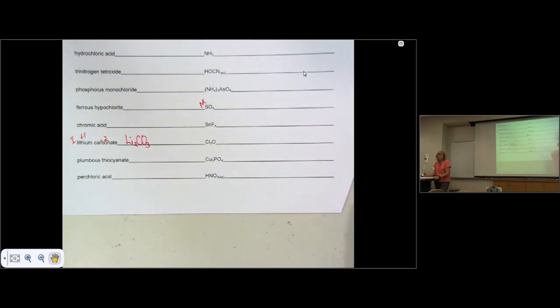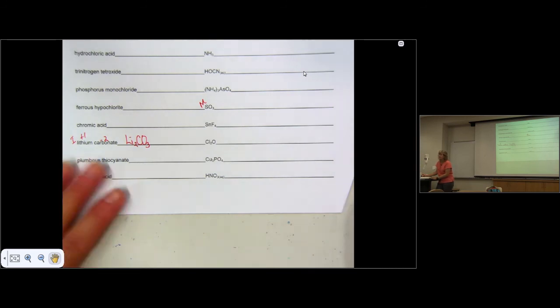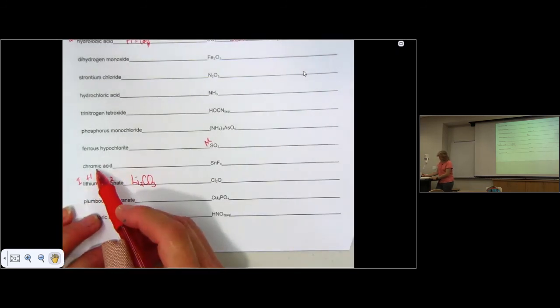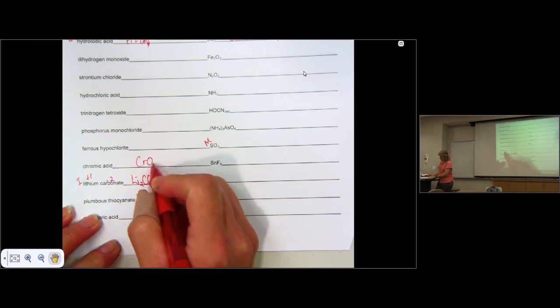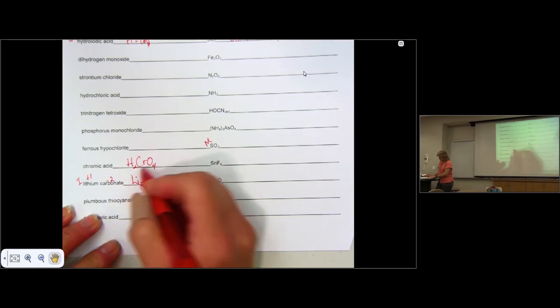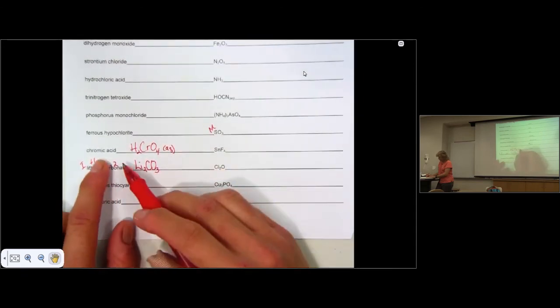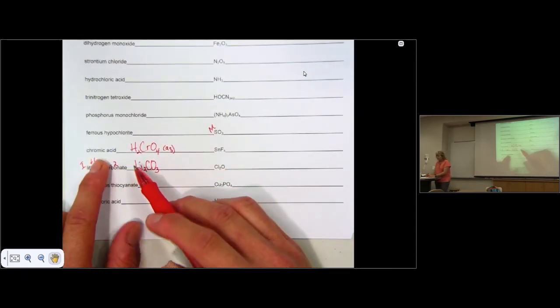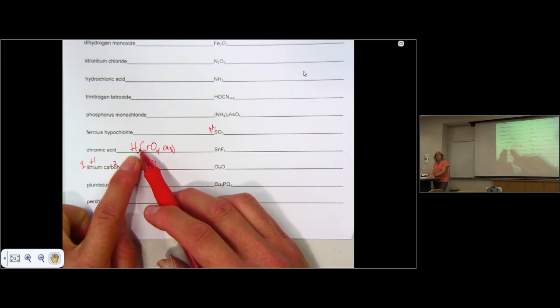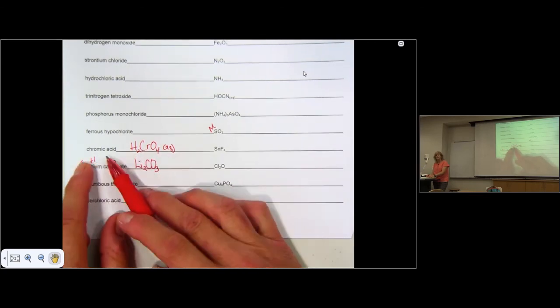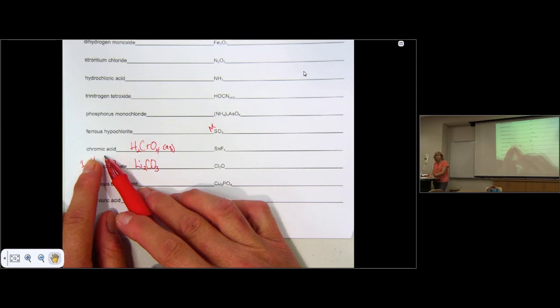Sure. Guys, be quiet and let's listen to the question. On chromic acid, because chromate has a -2 charge, that's why there would be H2. That's exactly right. Her question was on chromic acid, why is it H2? Guys, look at this one because I'm not going to do it Monday.